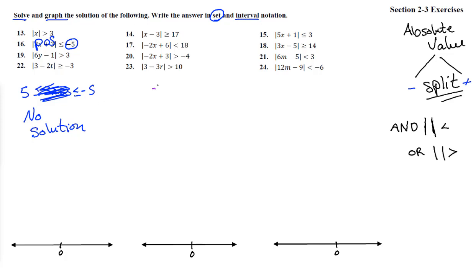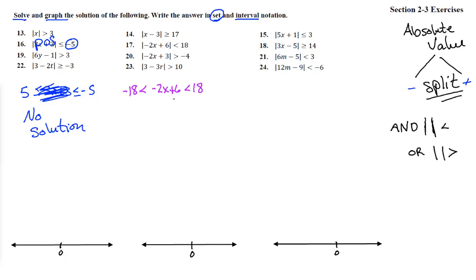So here we have negative 2x plus 6 less than 18 and bigger than negative 18 at the same time. And again, this is negative 2x plus 6 greater than, notice the sign is switched, negative 18, but we turned it this way to write it as an AND statement. So this guy has to be trapped between 18 and negative 18 to make it work.